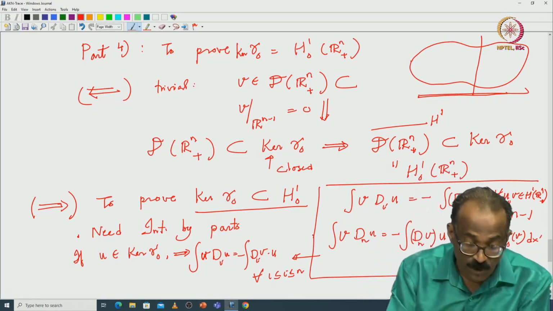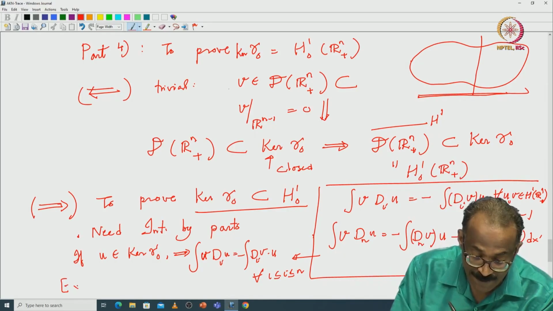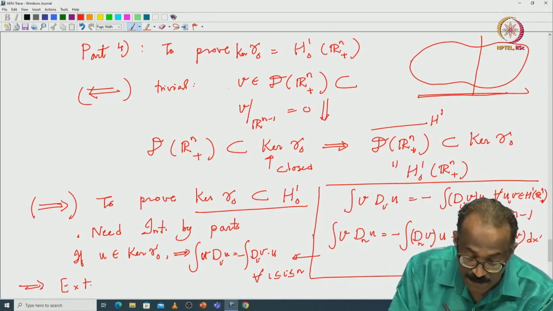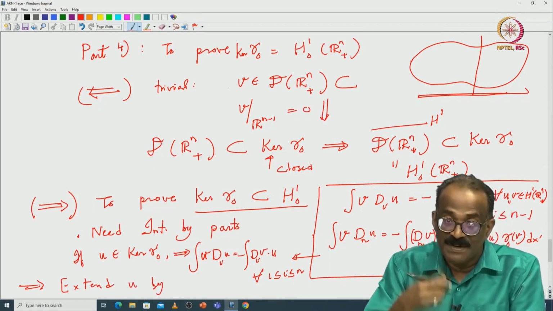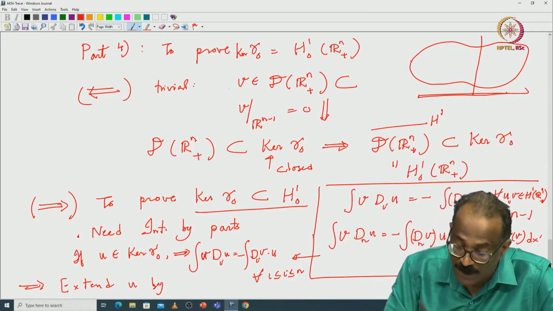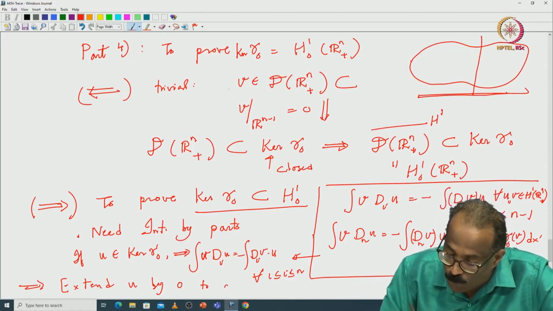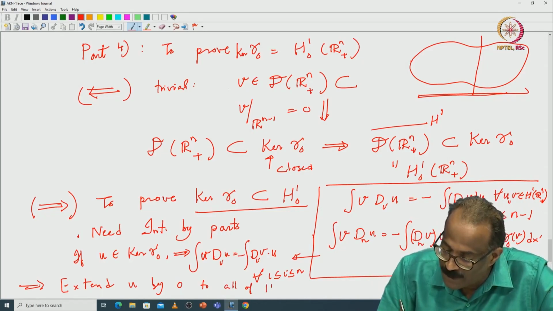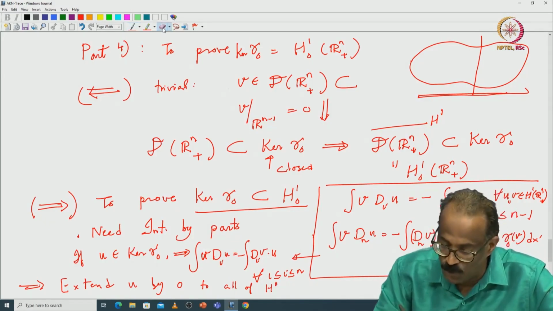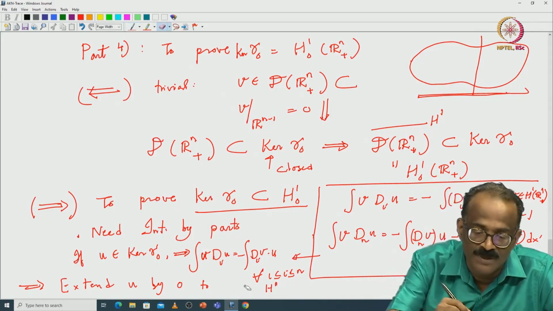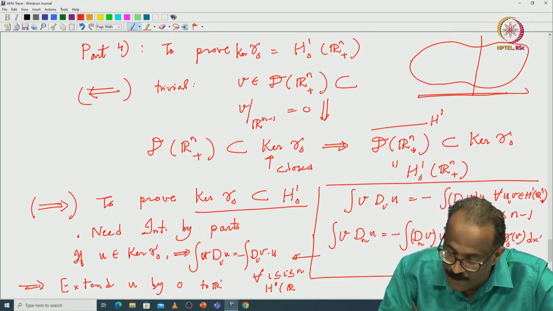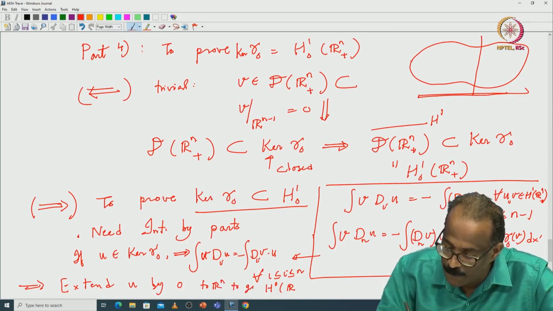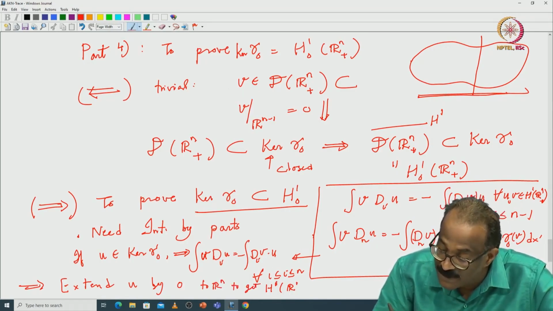Okay. So, if gamma naught of u equals 0, the extension by 0 will remain in H^1. So, if the trace value is 0, you can extend u by 0 from R^n_+ to all of R^n, to get a function in H^1 of R^n, the extended function.